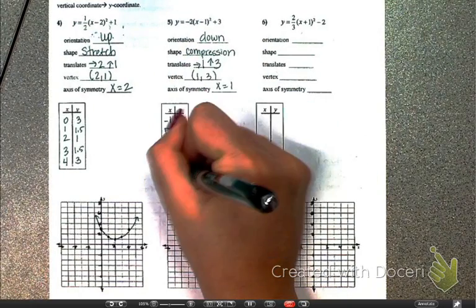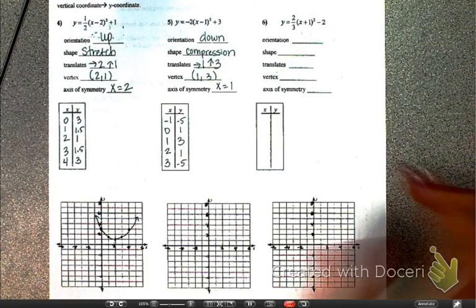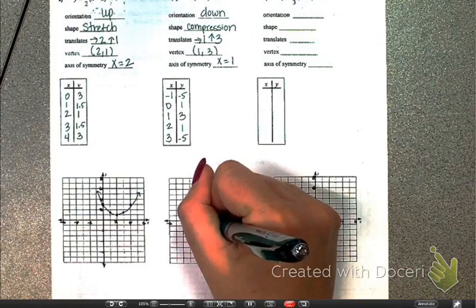So again, inside parentheses, exponents, multiply, add. PEMDAS, yes. It should face down. If it doesn't, you know you did something wrong, right?